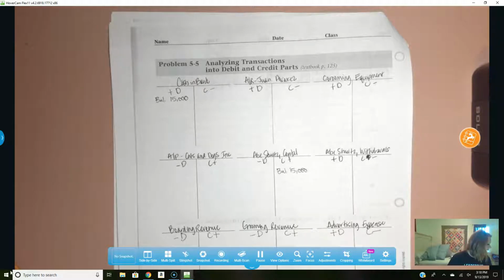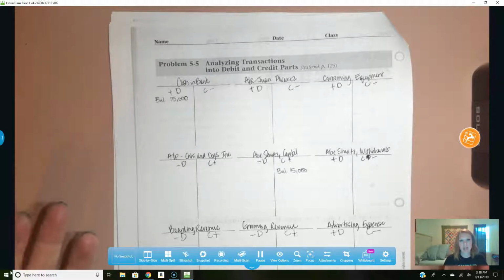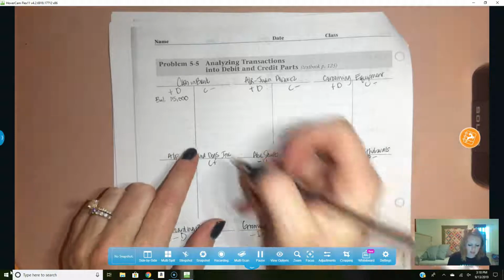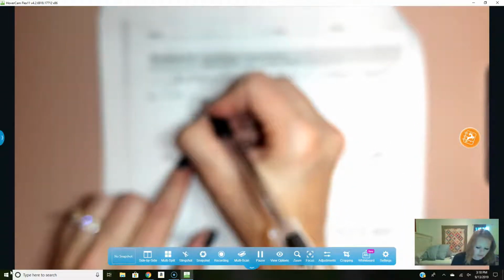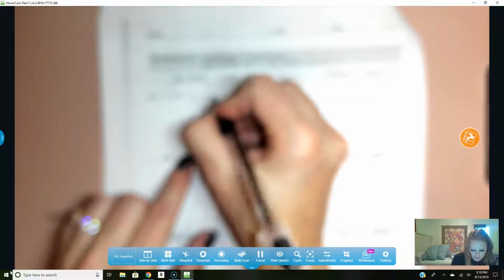So number 1 says we purchased grooming equipment for $12,700, check 283. Remember, anytime that we have ourselves using a check, that means that we are paying someone, so that's going to decrease cash in bank. So I'm going to do transaction number 1, $12,700, decreasing cash in bank.